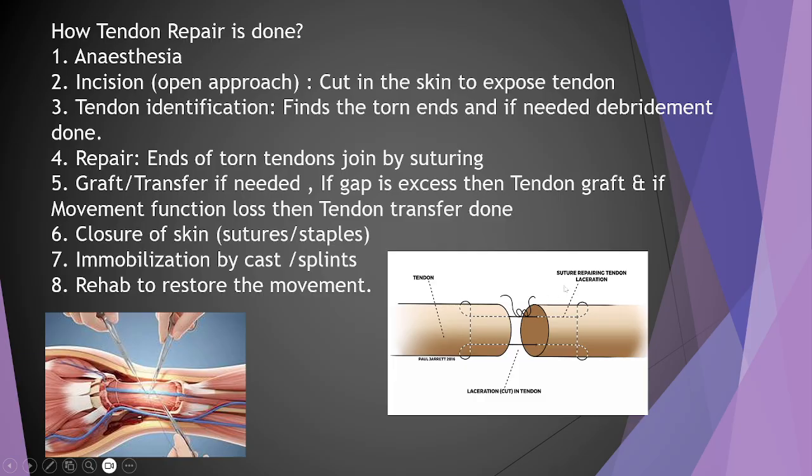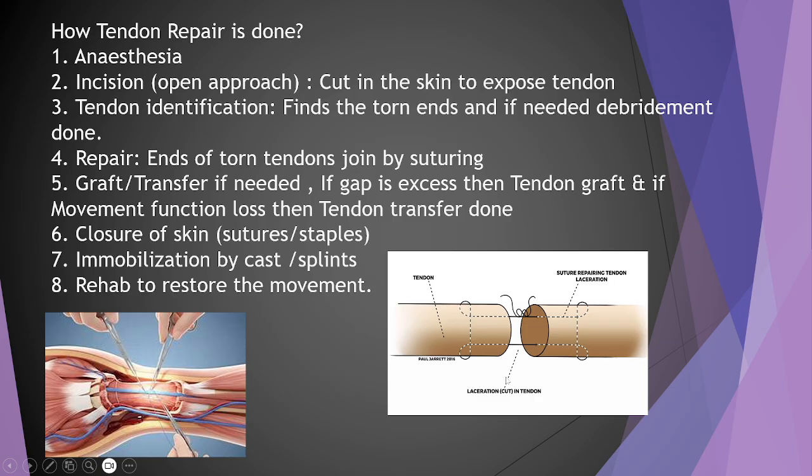When do we do a tendon graft and a tendon transfer? If the gap is excessive between the two ends of the tendon, then a tendon graft will be done. And if there is a loss of movement function, then the physician will do a tendon transfer.